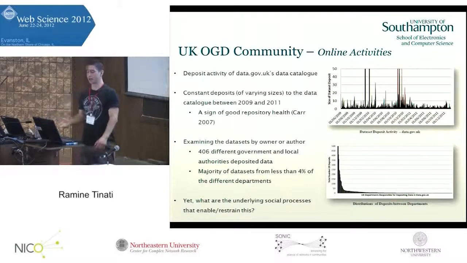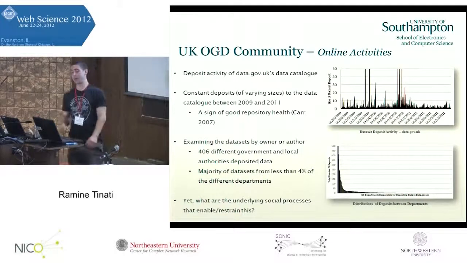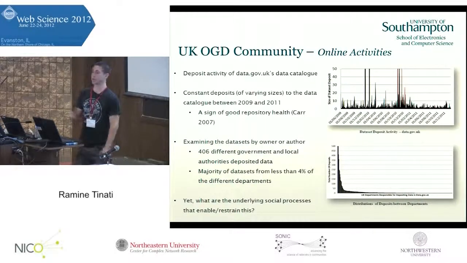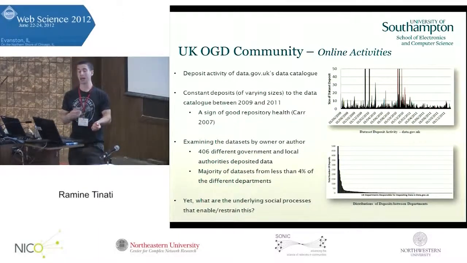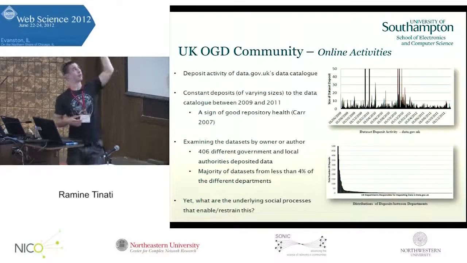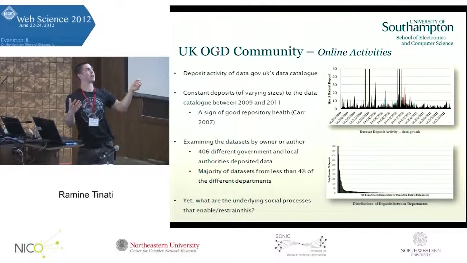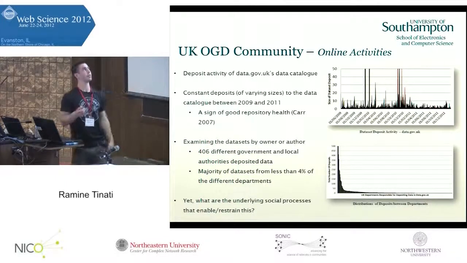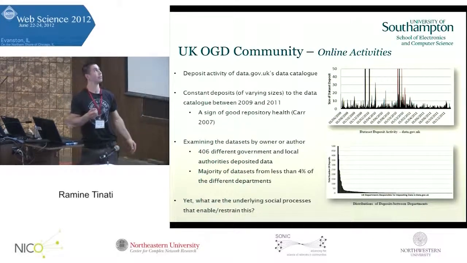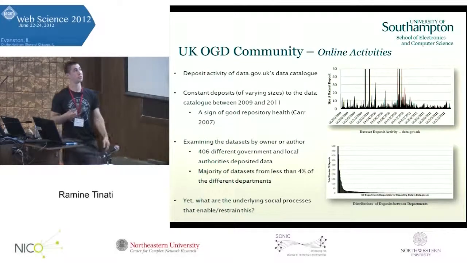And then another source of data, so we'll go back to that in a bit. Another source of data we can look at, as I said, is the data.gov portal, and we can look at how many deposits are being made per day. If we look at the top graph, it's showing from when the portal was open, or when there was some activity, from the 1st of June 2009 all the way up to 2011.